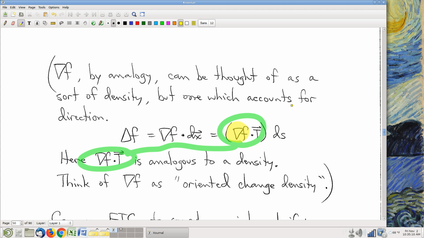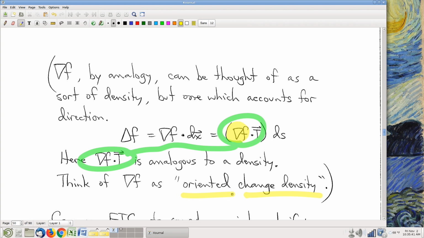But a different way of thinking of that is that the gradient is telling you two things. It's telling you the rate of change per unit distance. And in addition to that, it's also telling you in what direction that change per unit distance is happening. So it's not just telling you change density. It is also telling you the direction that change is happening.